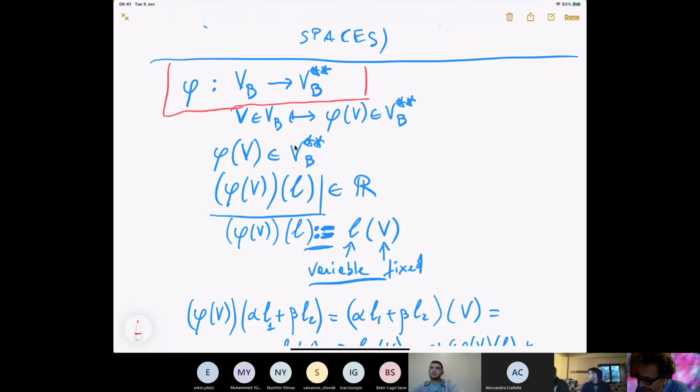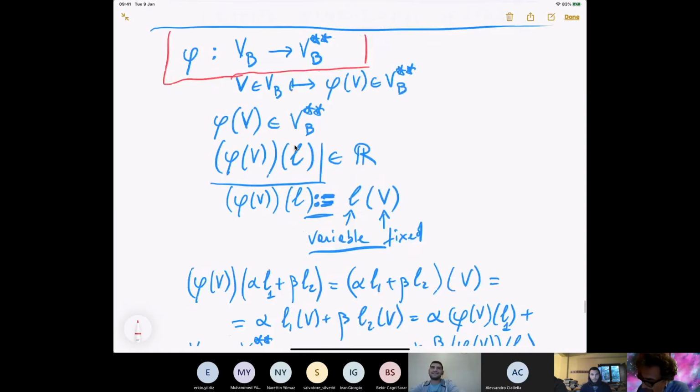For every V belonging to V, you are building phi of V as an element of the double star of V. How? An element in the double star of V is a linear map defined on V star.